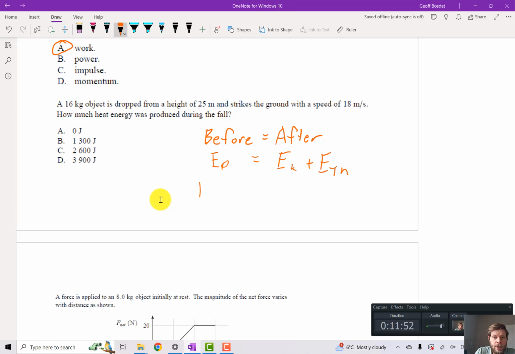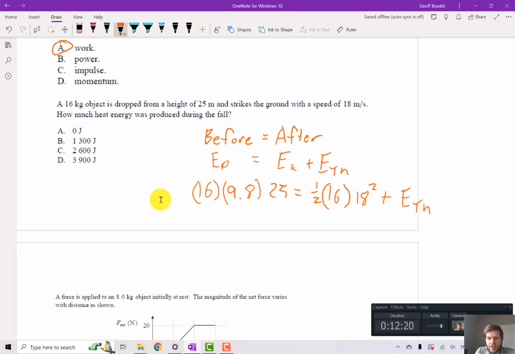And so we just do our mgh, 16 times 9.8 times 25. That's going to equal 1/2 times 16, our mass, times our final velocity, which is 18 squared, plus E thermal. So all we're going to do to solve for this is take this guy and subtract this guy, and then we'll have our thermal. That's it.